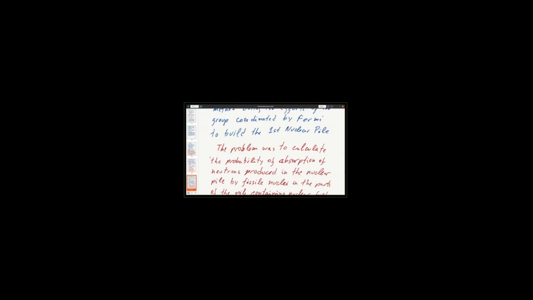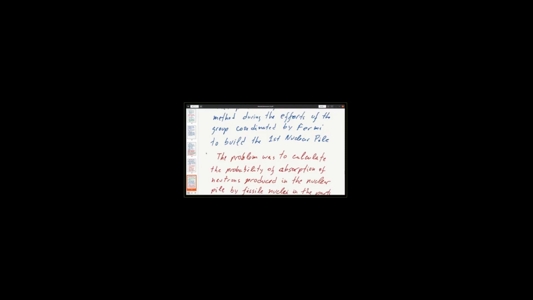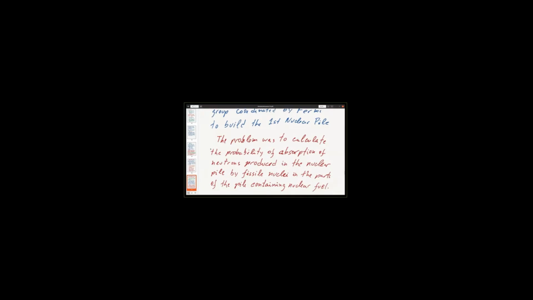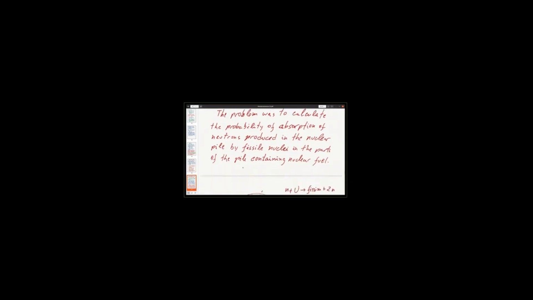But Fermi noted that it could also be used to produce energy. And the nuclear pile was the prototype for the modern nuclear reactors. So the problem that they had was to calculate the probability of absorption of neutrons produced in the chain reaction in the nuclear pile by fissile nuclei in the parts of the pile that contain the nuclear fuel.